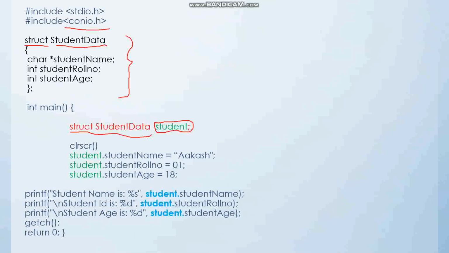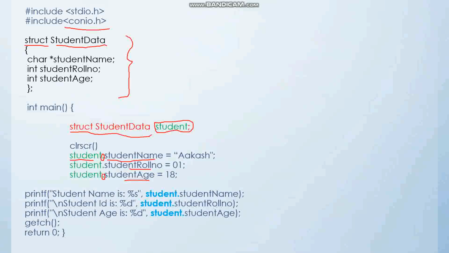If I want to access the members of this structure, there are three members. First one is the student name, second member is the student roll number, the third member is the student age. Then I will simply use the member operator, that is dot here, and the way to access it: the variable name, then member operator, then the name of the member.